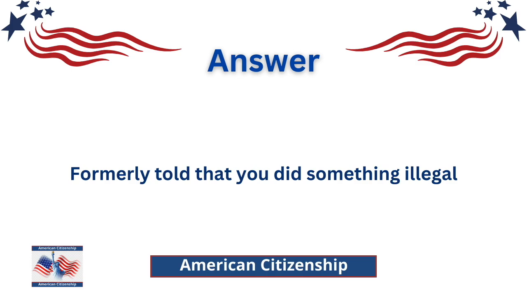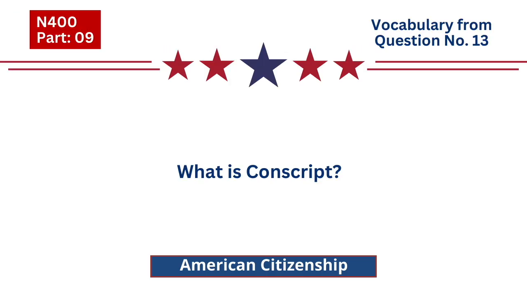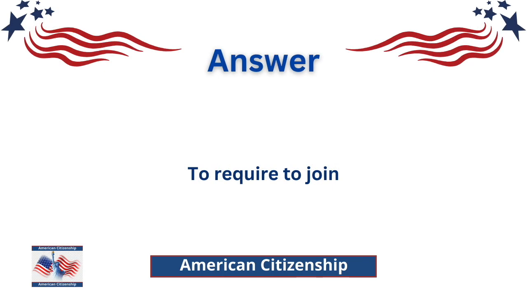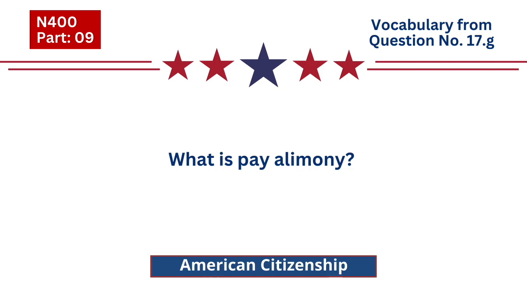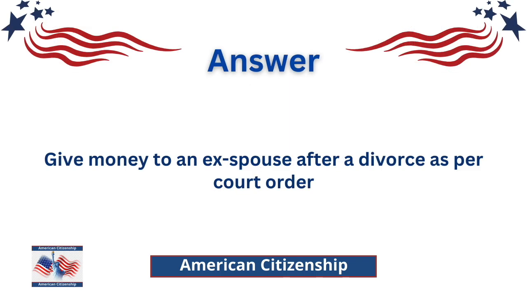Formerly told that you did something illegal. What is conscript? To require to join. What is pay alimony? Give money to an ex-spouse after a divorce, as per court order.